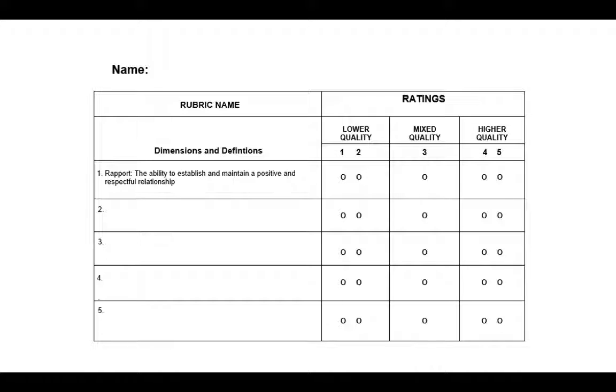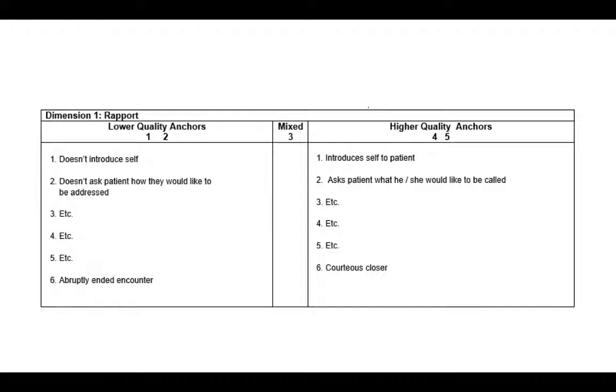in order to assess communication. Now, to add some meat to this, you'll see in the template spaces for the 5 dimensions. So in dimension 1, I'm just assuming, for example, rapport. Let's say that was your first dimension.